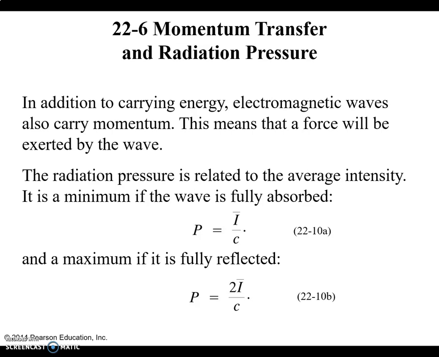We can calculate that pressure as the average intensity divided by the speed of light if the wave is fully absorbed by the object that it hits, or if the wave is reflected, the change in momentum would be doubled, so the pressure would also be doubled, giving a pressure of 2 times the average intensity divided by the speed of light.